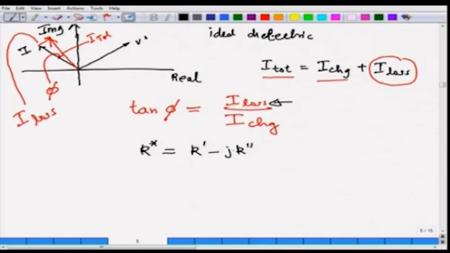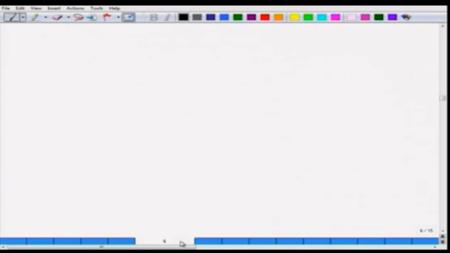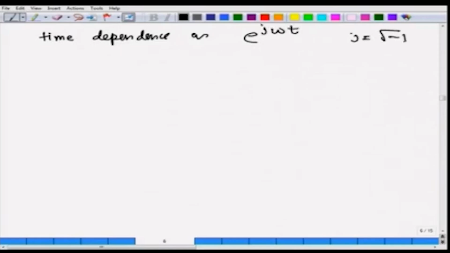That is what we are trying to understand, and let me do it in a more general fashion by writing Maxwell's equations, something you might have seen before also. Assuming time dependence as e to the power j omega t, as we had done, where j again I repeat is square root of minus 1.